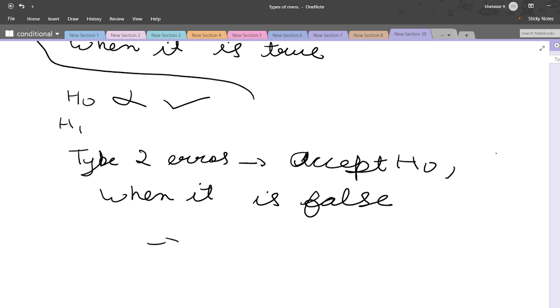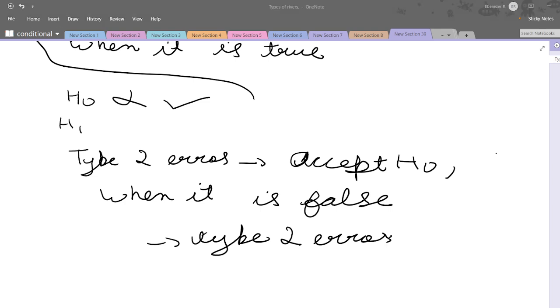It is called the type 2 error. This is called type 2 error. Now let us see some examples of type 1 and type 2 error in real life. Let us see some examples for the same.